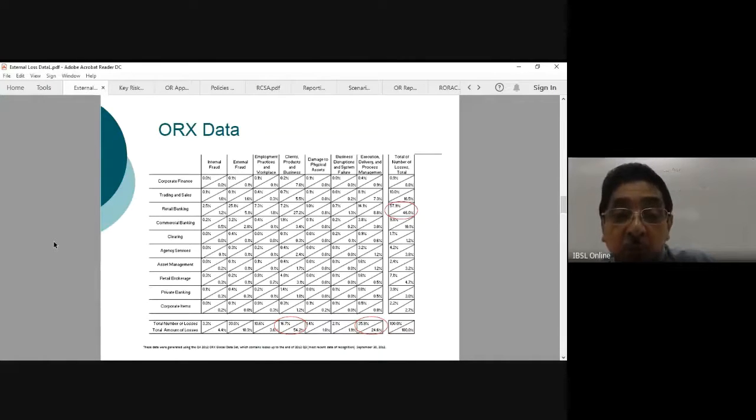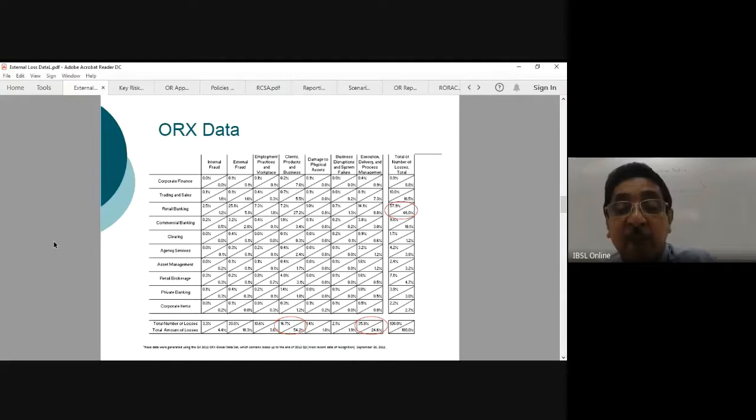Now, with this ORX database, you can say the higher level of risk is in retail banking, and in clients, products, and business practices, and execution, delivery, and process management.